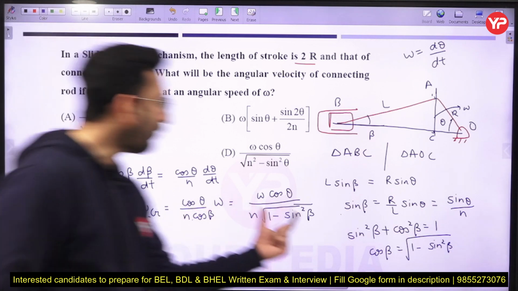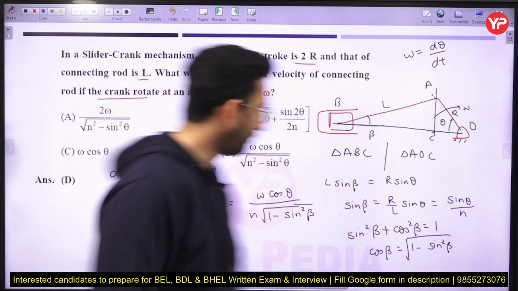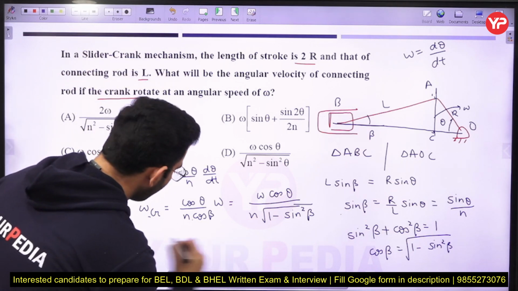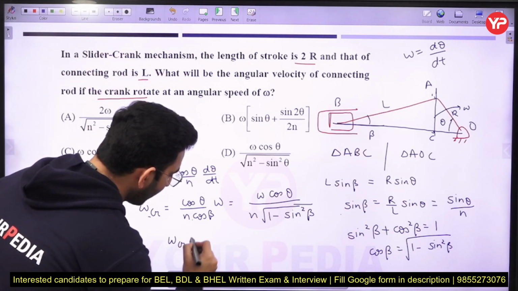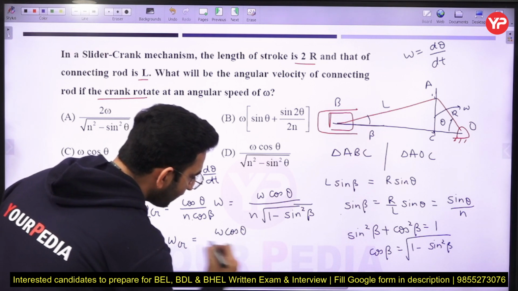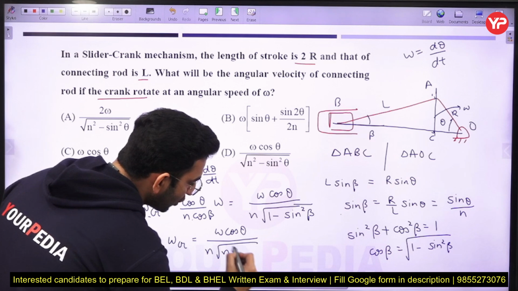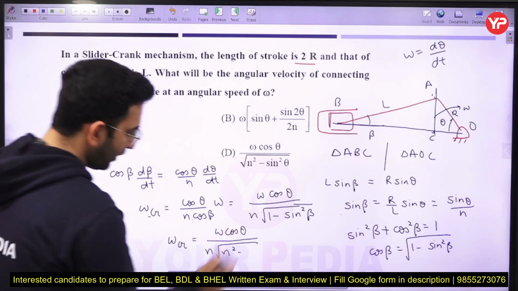If you replace sin beta with sin theta by n, you will find the angular velocity of the connecting rod comes out to be omega cos theta divided by n under root of n square minus, sorry, it is not coming out to be this one.